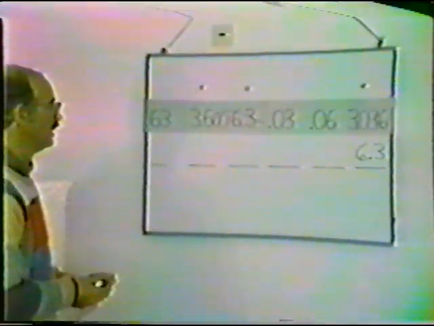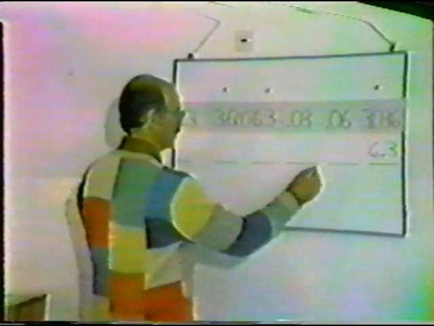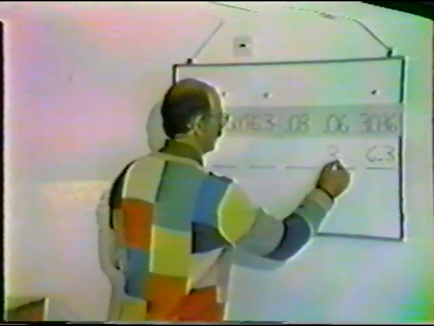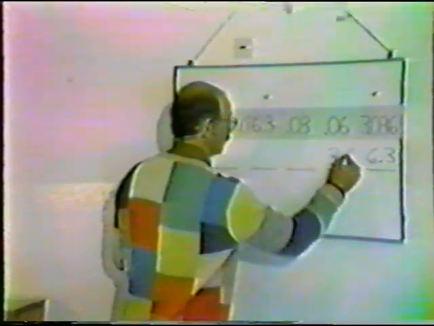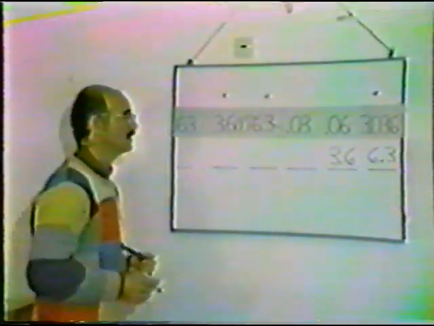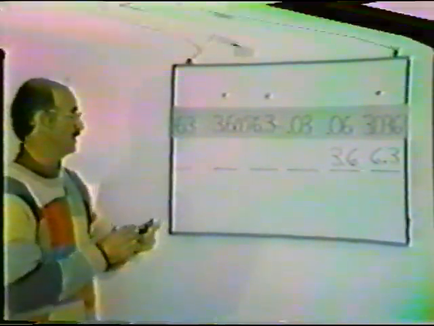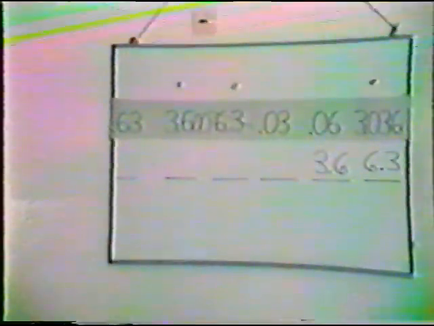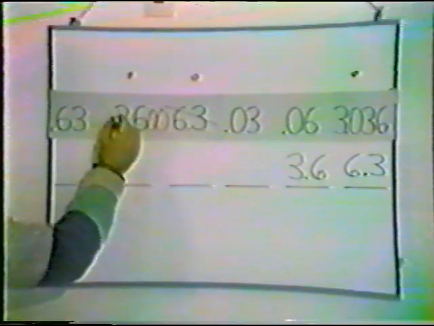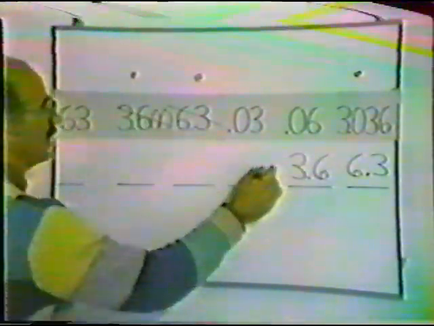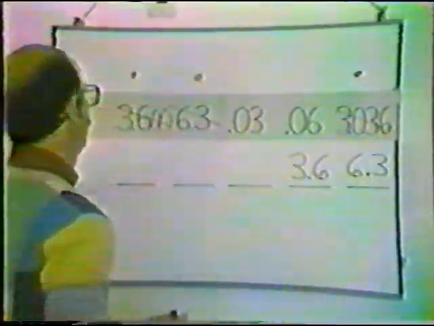So we'll write that one next. 3 6/10 was the way it was before we added the zeros. Now we'll cross off this one and this one.